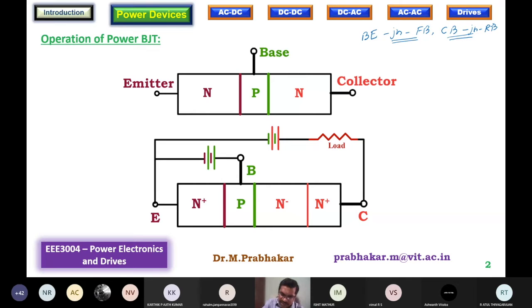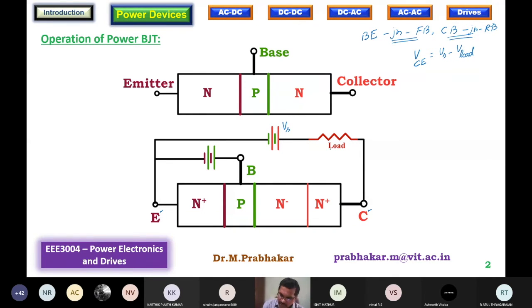Now, the base emitter junction is forward biased as shown here, whereas the collector base junction is going to be reverse biased. You can understand that the actual voltage applied across the collector and emitter, VCE, will be, I will name this supply VS, VS minus the drop across the load.